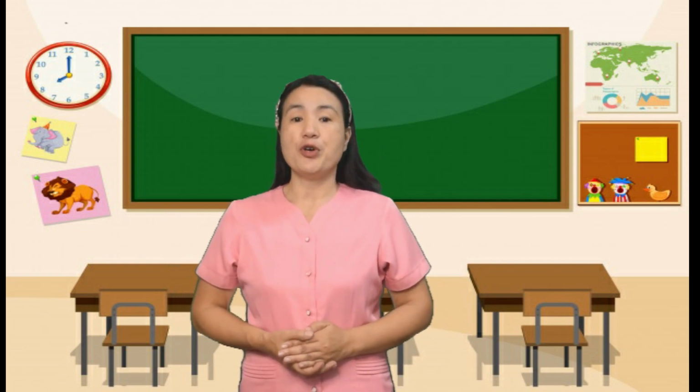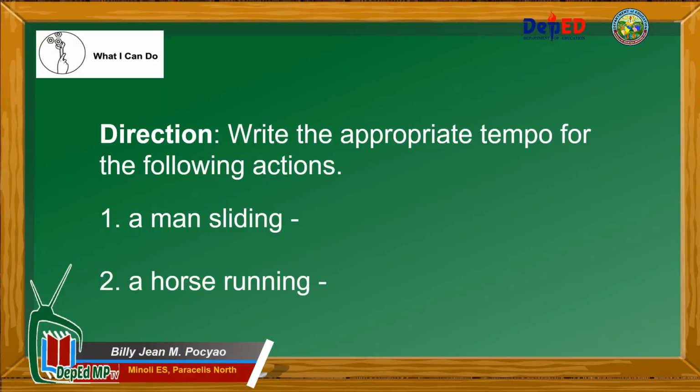Turn the page of your module to what I can do. Direction. Write the appropriate tempo for the following actions. Number 1. A man sliding. The correct answer is moderato.